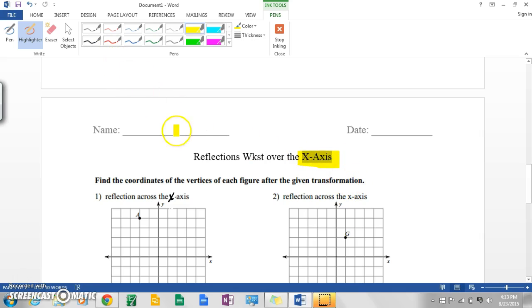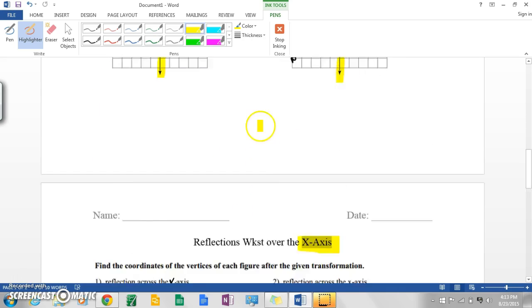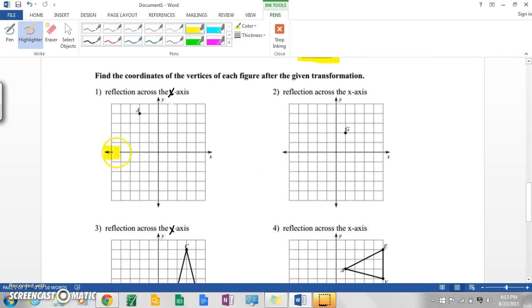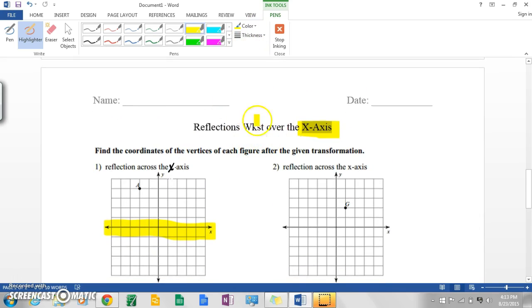Very similar thinking, it's just going to be a little different. Instead of going up and down like you see in all these examples, our line of reflection for this activity is actually going to be the x-axis, so right down the middle. Like I said, if you have figured it out at this point, you can close out of this video and go to the x-axis video.